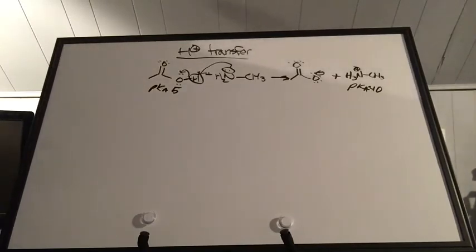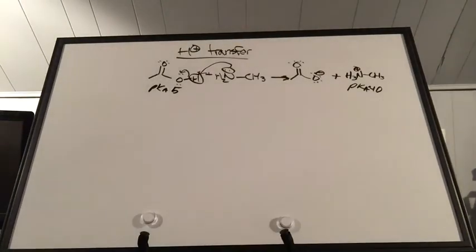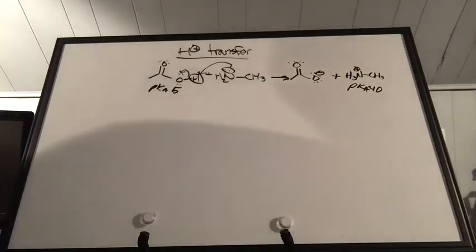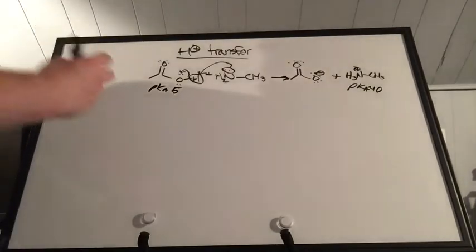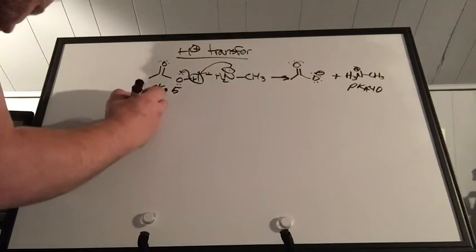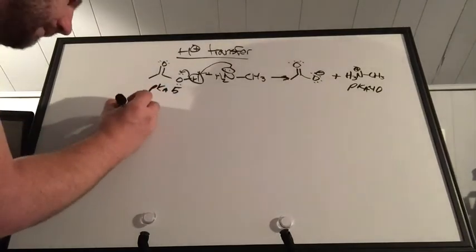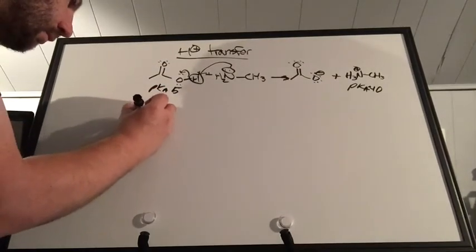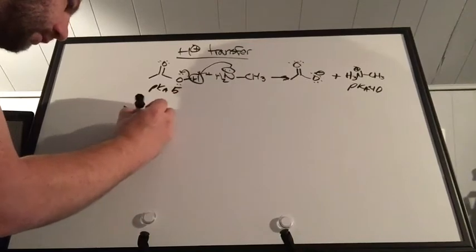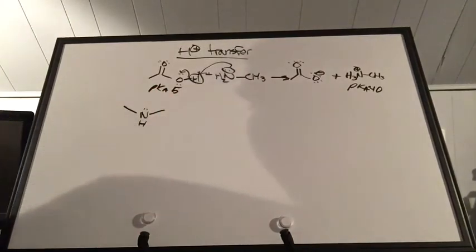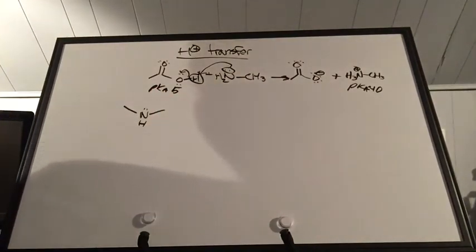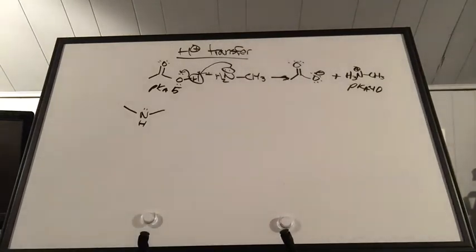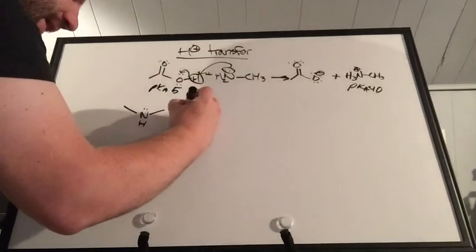Okay, so let's see if we have another type of base. So we have dimethylamine. That means 2 methyl groups. And then we have water, which is going to act as an acid.